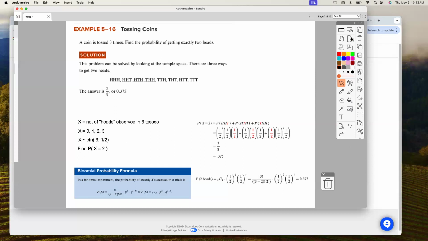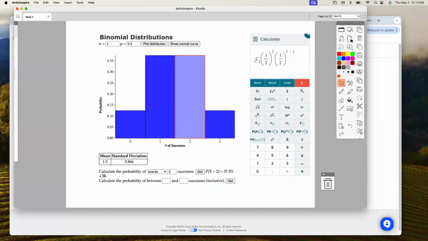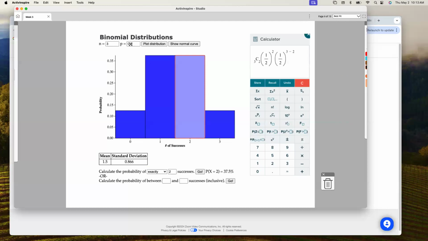So as I move through here, you can see that if I put this in the software, and this is what I'm talking about, this isn't that bad to do. All I need to do is put in an N and the 0.5, and I click plot the distribution. This is in StatPlet.